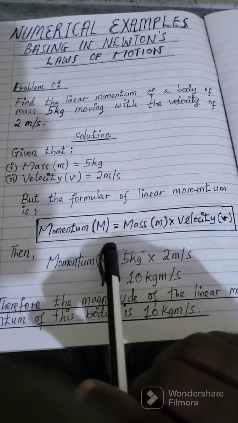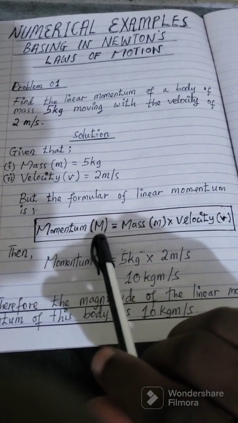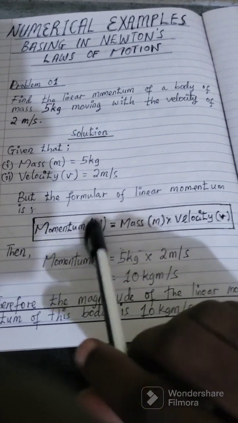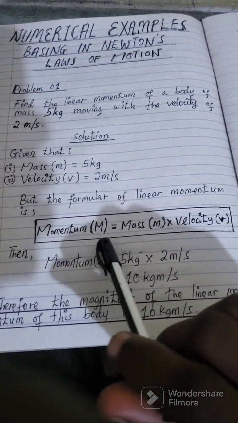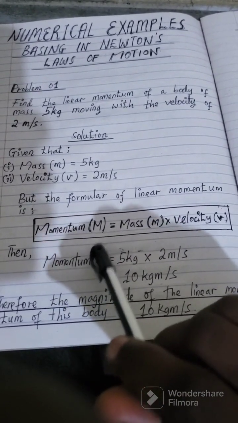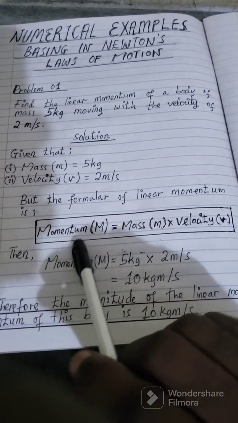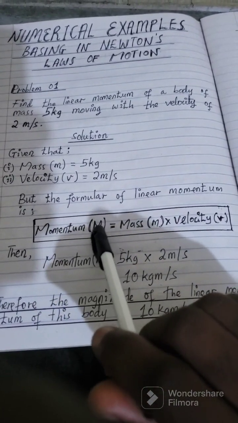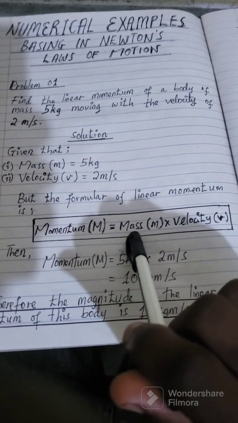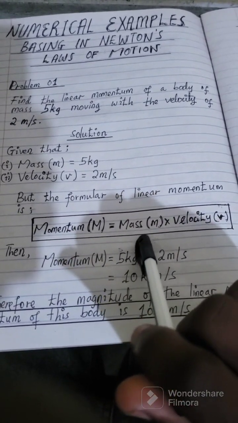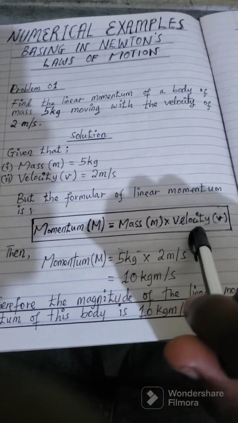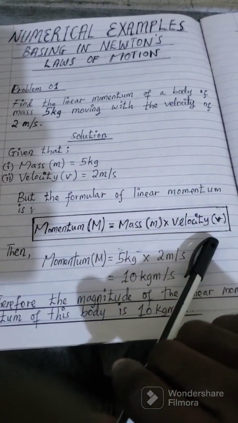We already know the formula for calculating momentum, because we studied it earlier in the first lecture: momentum, represented by capital M, is given as the product of the mass of a body and its velocity.